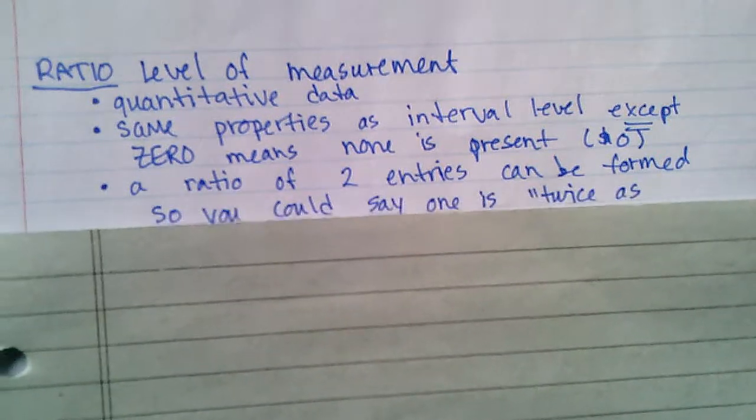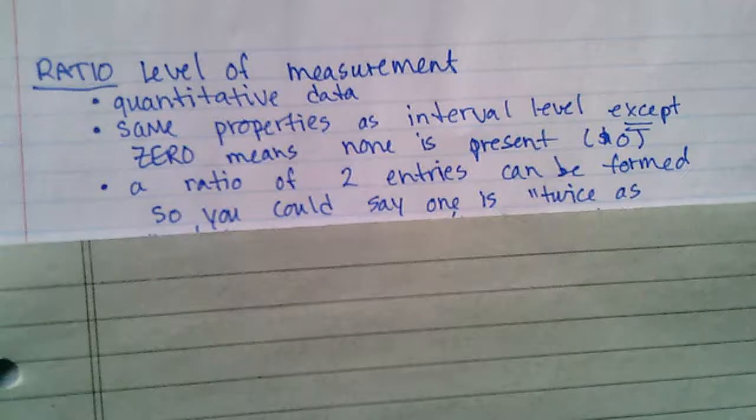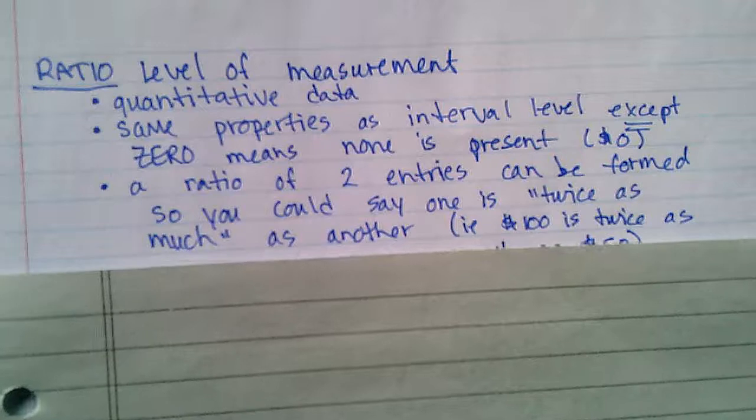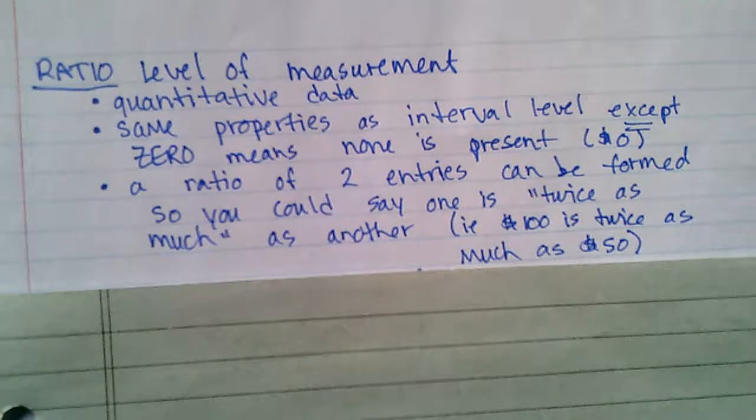At the ratio level of measurement, you can form a ratio of two entries so that I could say that one thing is twice as much as another. So, for example, $100 is twice as much as $50. Now, I cannot do that with things at the interval level of measurement.